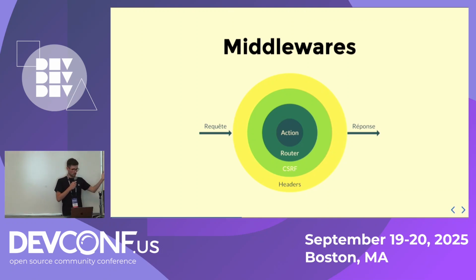And when your core action responds with something, it will pass to the router, then to the CSRF middleware and your headers middleware, and return the response to the client. If your CSRF middleware fails, it will stop the middleware propagation. So it will return directly to the headers and send the response to the client.